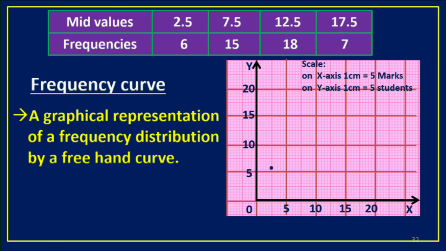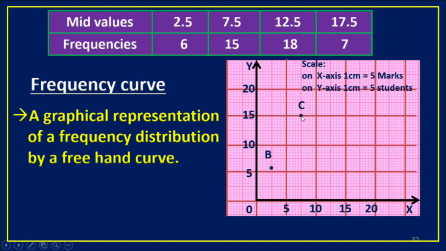I am taking a question here: 2.5, 6. So, where will this 2.5 come? Yes, between 0 to 5, 2.5, 6 after 5, the second line. So, I am getting the point here. I am taking the first point as B. Second point 7.5, 15. 7.5 will be between 5 to 10. Yes, you will get 15 directly.